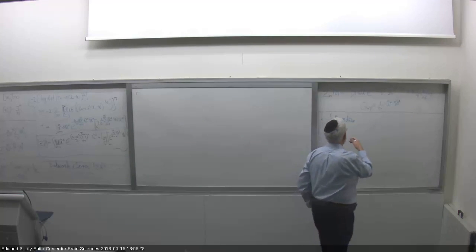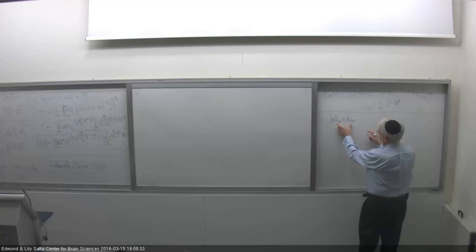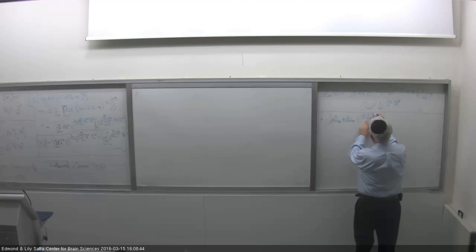Q hat and Q are conjugate variables, so I'm going to use I, and this is a normalization which I like: sum over alpha beta of Q hat alpha beta Q alpha beta.